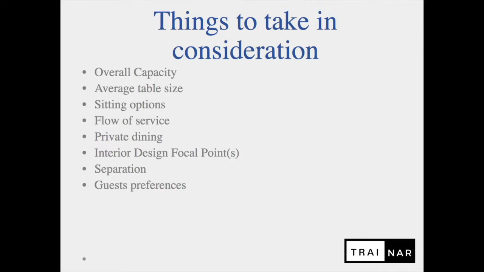As well, we have to think of separation. If you decide to have different seating options, as I said, like lounge, bar, and restaurant seating, it's good to think of some kind of a separation.